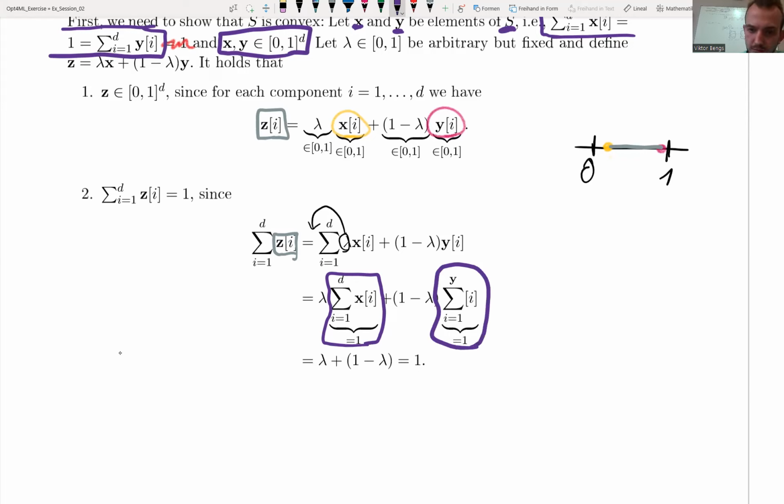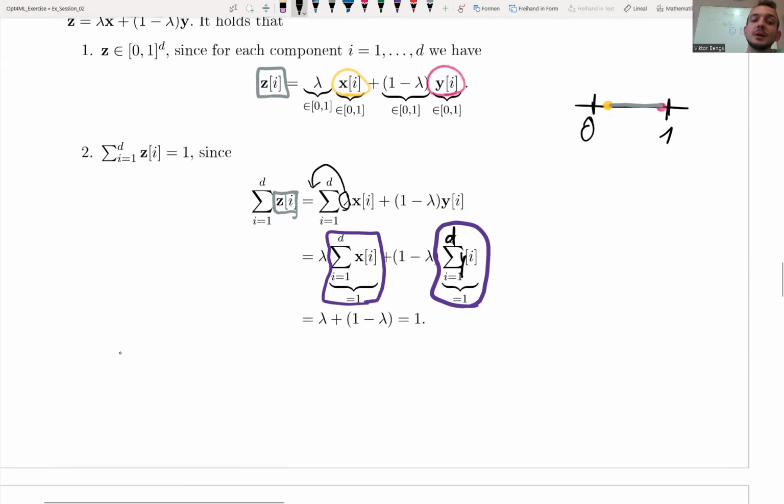The same holds true for, oh sorry, there's something wrong. This is y, of course. Yeah, but the same is true for the sum over the components of y. This is summing up to 1. So what we end up with is lambda plus 1 minus lambda. This is a 1. So in summary, the components of z are also summing up to 1.